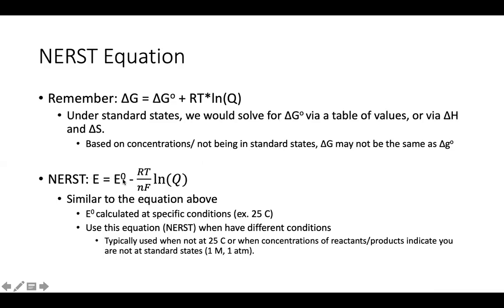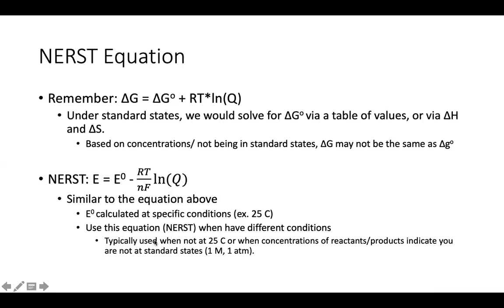Our standard cell potential, or E naught, is calculated at very specific conditions. I believe it's calculated at 25 degrees Celsius, 1 atmosphere pressure for any gases, and 1 molar concentration for anything in the aqueous phase. The Nernst equation is what you will use anytime your conditions differ from those standard conditions.